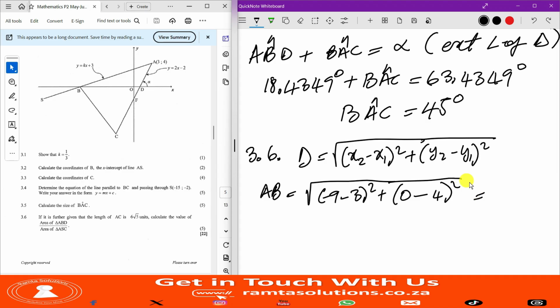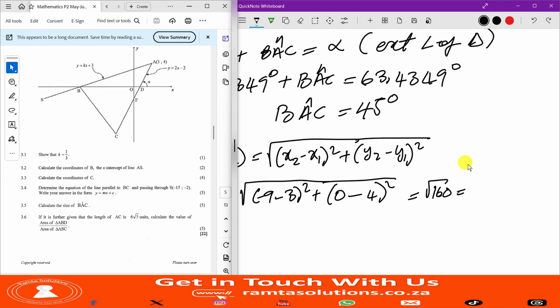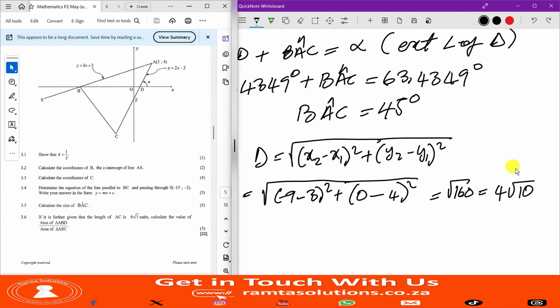We get 12 squared plus 4 squared, so 144 plus 16. It is the square root of 160. If we like, we can say it is 4 root 10.